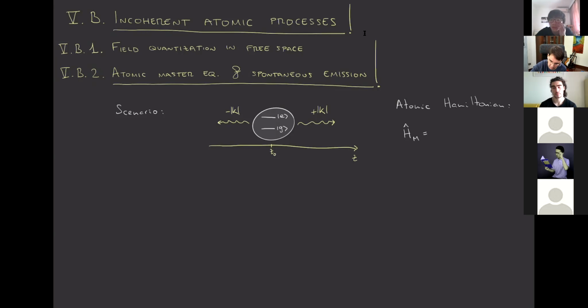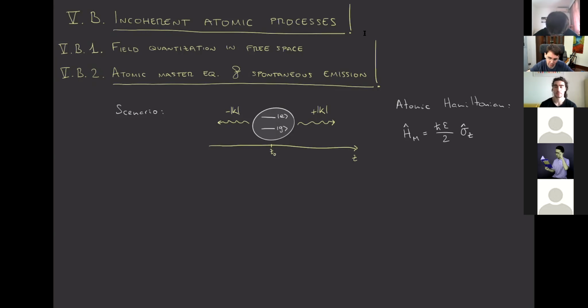This is the matter that we are considering. And we call h bar epsilon the energy difference between the ground and the excited state, the transition energy. And then we have the Pauli operator set.